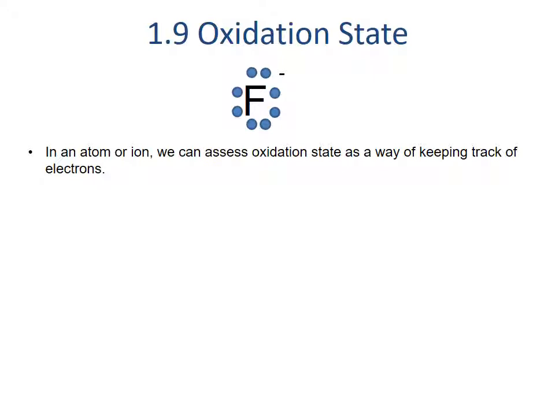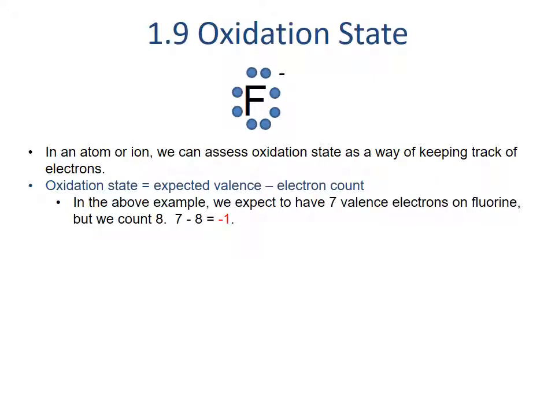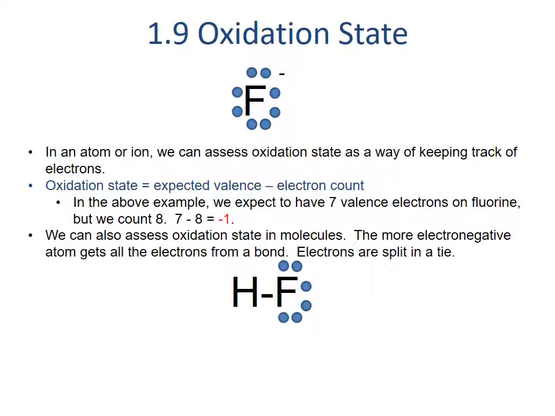Oxidation state differs from formal charges only in the way that we deal with electrons in a bond. All electrons in a bond go to the more negative atom. Otherwise, the calculation is the same. So if we look at the oxidation state of this fluorine, we see that we still expect it to have 7 valence electrons, but we count all of them towards the fluorine, and we have an oxidation state of -1.